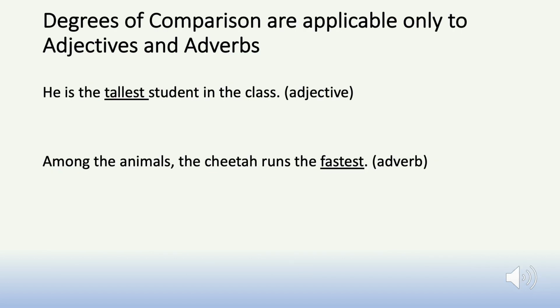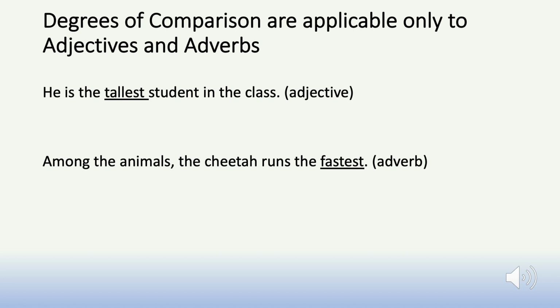So we'll now take a look at the ways in which the adjectives and adverbs change when the degrees of comparison change. But let's remind ourselves that the degrees of comparison are applicable only to adjectives and adverbs. They do not apply to nouns or verbs or pronouns or any other part of speech.